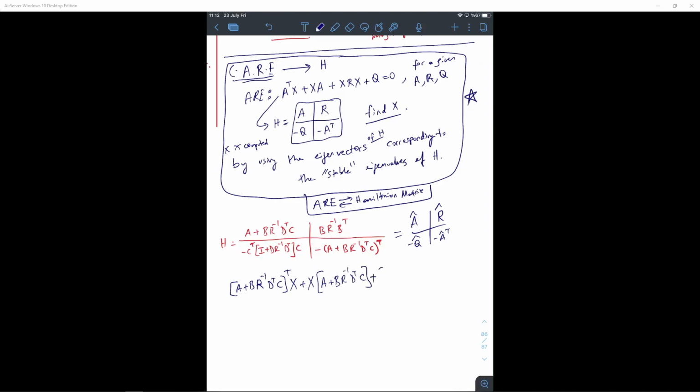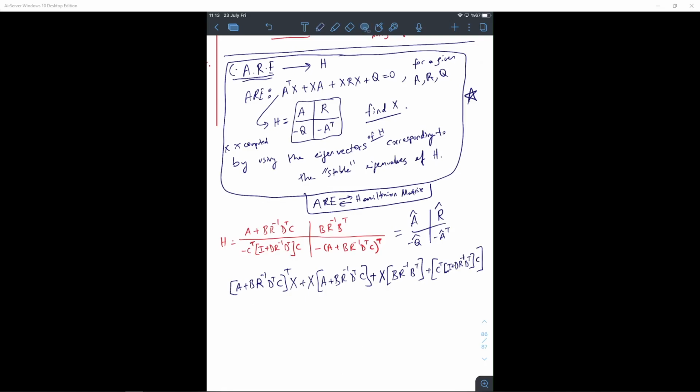Plus X, and what is R? R is this term here, B R inverse B transpose, X, and plus Q. This was minus Q, and we are going to use plus Q bar, actually, C transpose, identity plus D R inverse D transpose, C, and this equals 0, but I don't have any space.